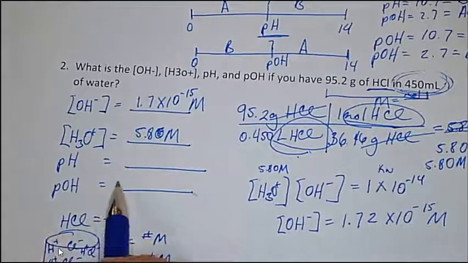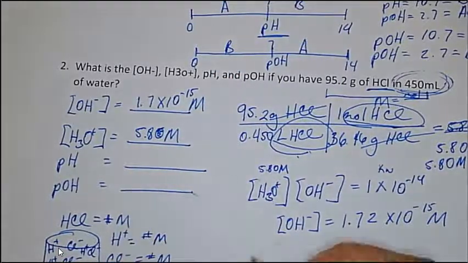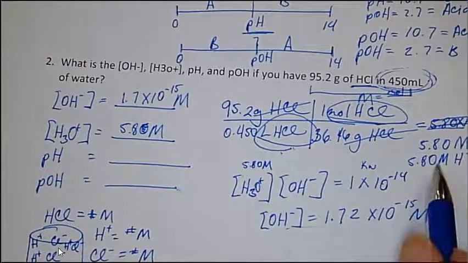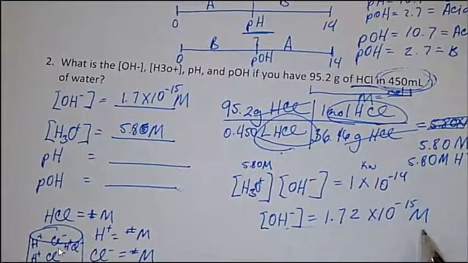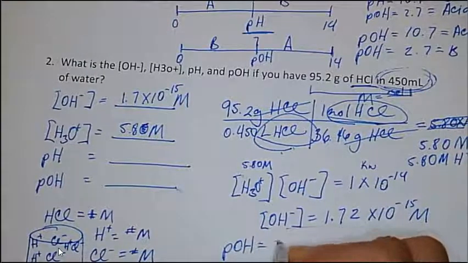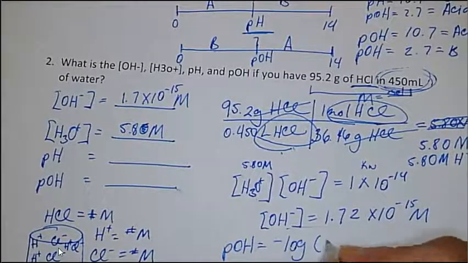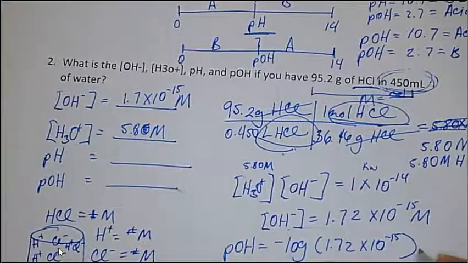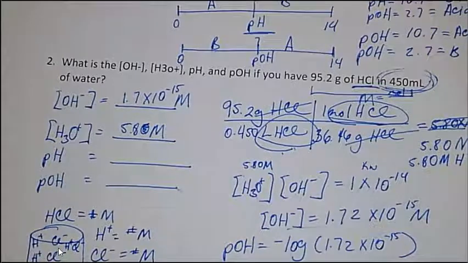And I can find my pH now from this, or I can find my pOH. I could find my pH also. It doesn't make a difference. I could just use this value, but in the other problem I found the pH, so I'll go ahead and use this value and find the pOH first. It really doesn't make a difference which one you find. You can use any process that you want to find any of these pH or pOH problems.